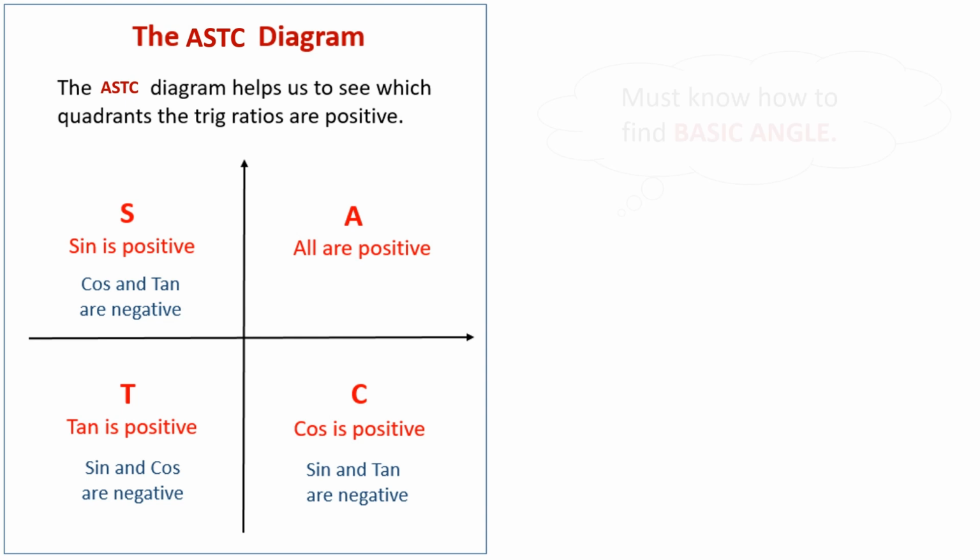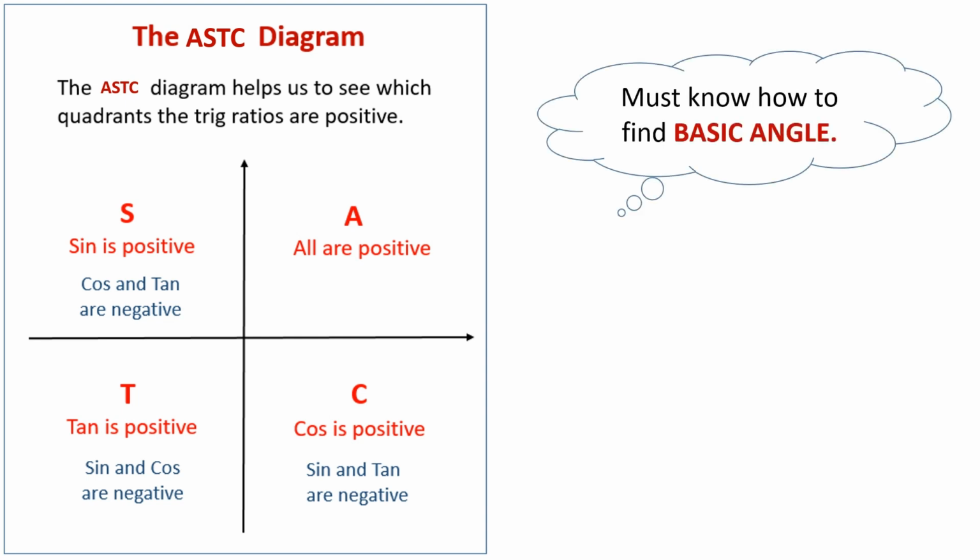But just make sure that you know how to find the basic angle. I just want to highlight that the basic angle is always measured from the horizontal line. In this case, this will be your first quadrant. Then for the second quadrant, the basic angle is again measured from the horizontal axis.